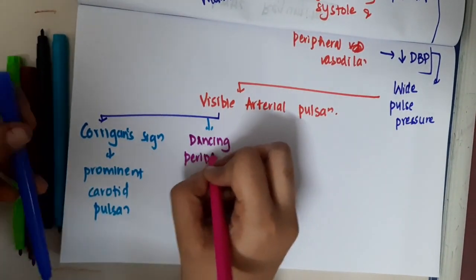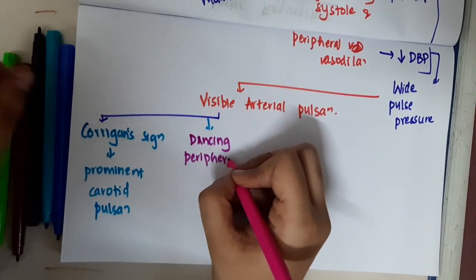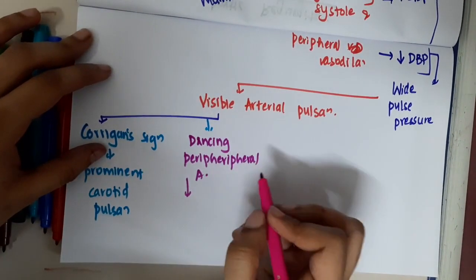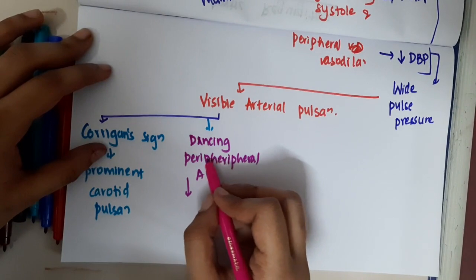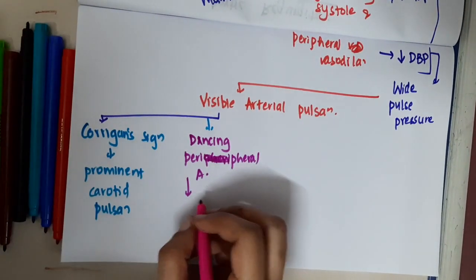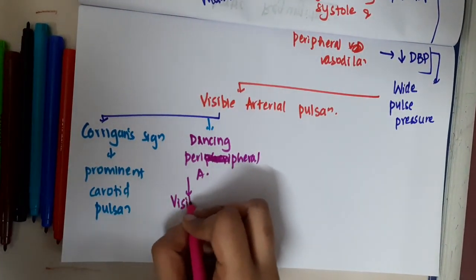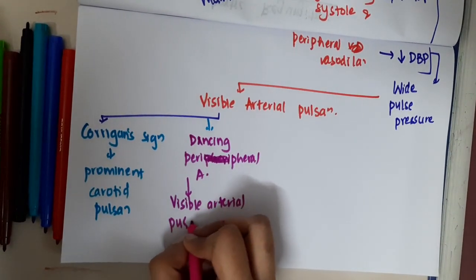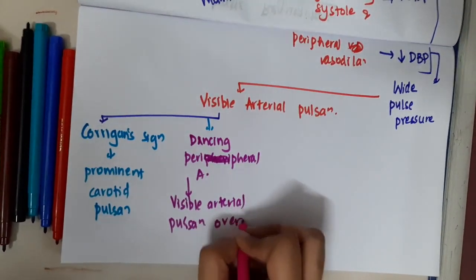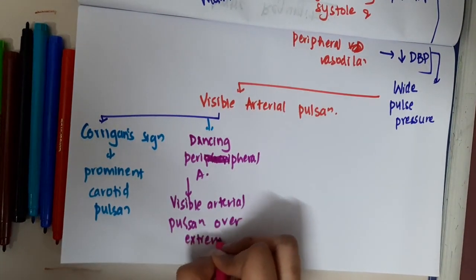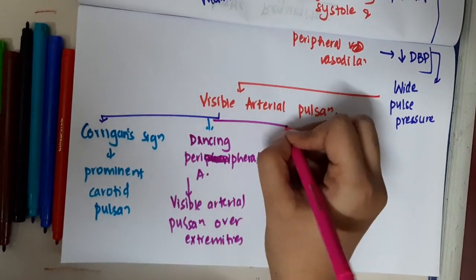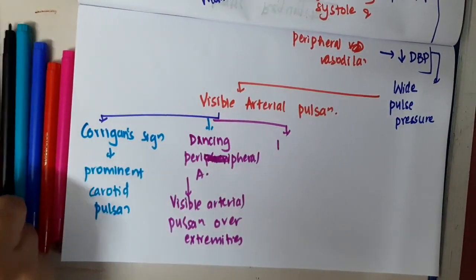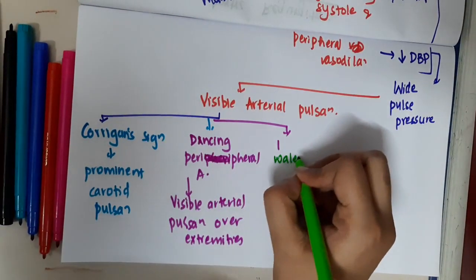Dancing peripheral arteries are present, which means visible arterial pulsations are seen over the extremities. Then you will also see the presence of water hammer pulse.